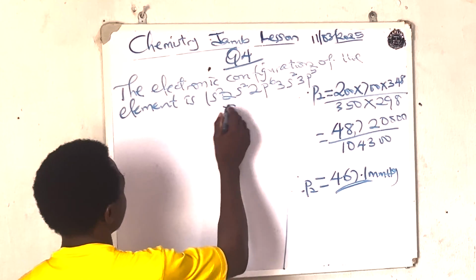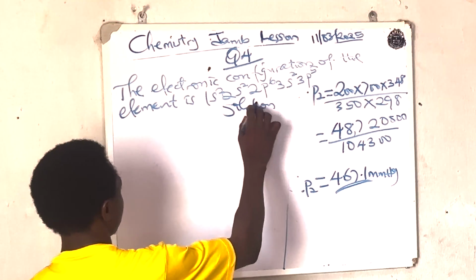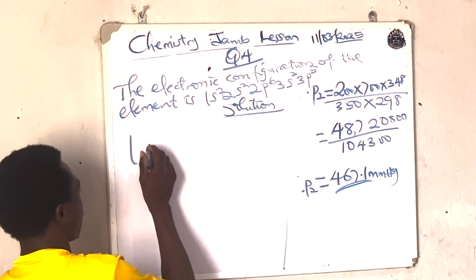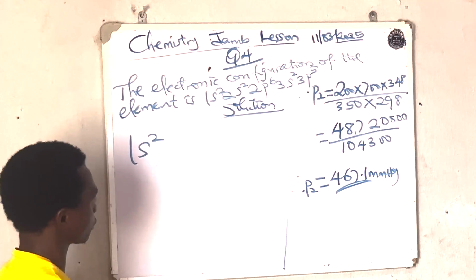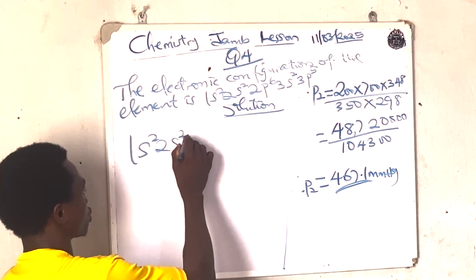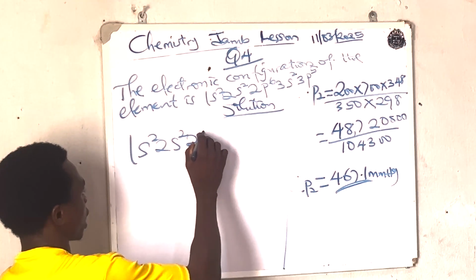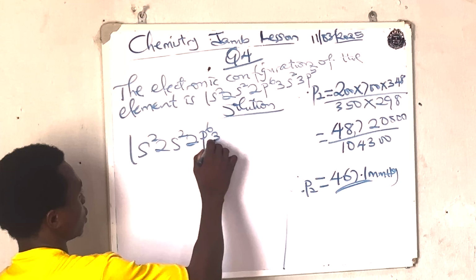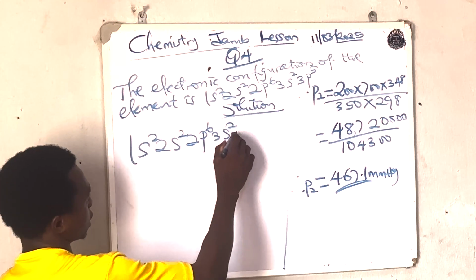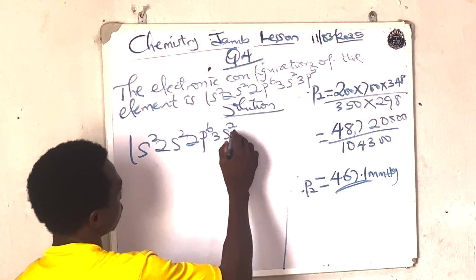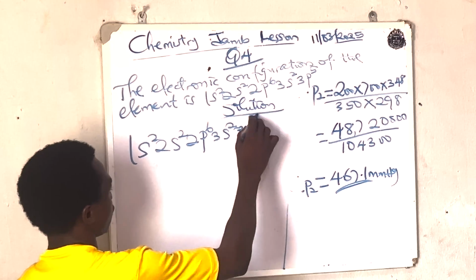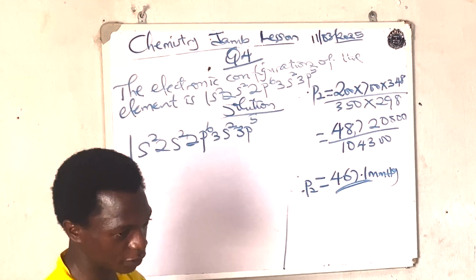Now, solution. Your 1s carries 2 electrons, 2s carries 2, 2p carries 6, 3s carries 2, and your 3p carries 5, respectively.